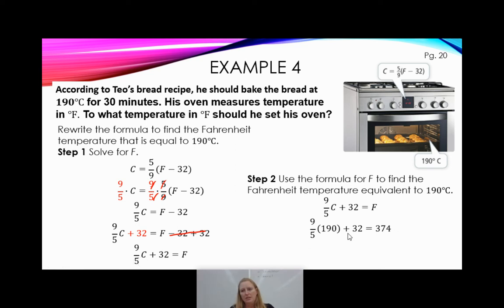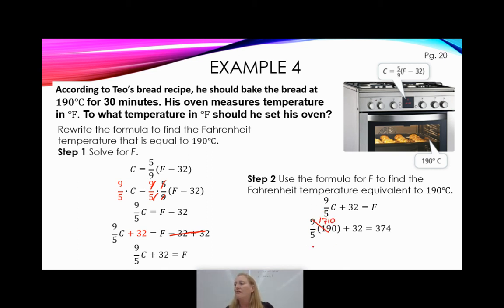Please, please, please remember our few little tricks. Remember that we multiply with fractions and we divide by the top. So we multiply with the numerator, we divide out the denominator. If you have a calculator, you'll do 190 times 9. If we multiply these guys, that gives us 1,710.